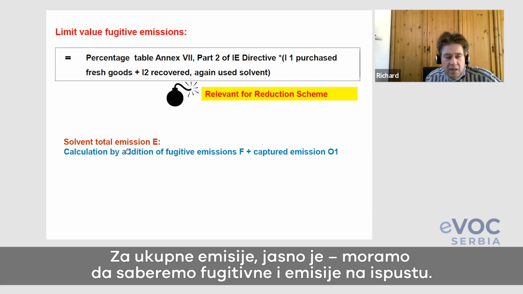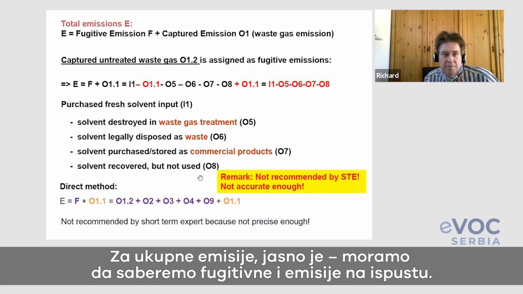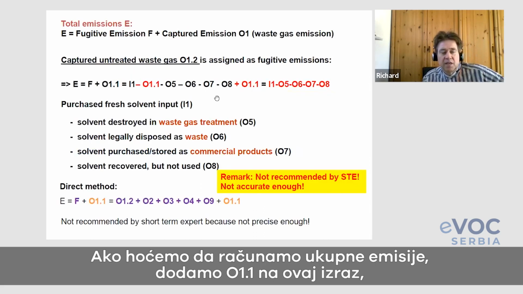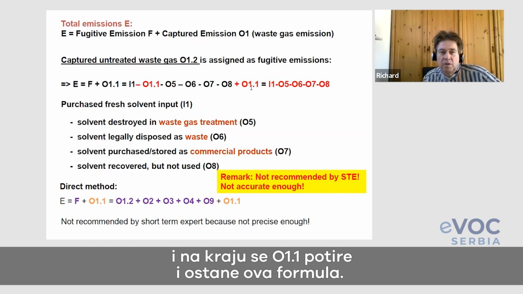The total emissions, it's clear that, of course, must be fugitive plus stack emissions. So those are the total emissions. So that is relevant for the reduction scheme. If we want to calculate the total emissions, we just add O11 plus O11. So at the end, we get this formula.